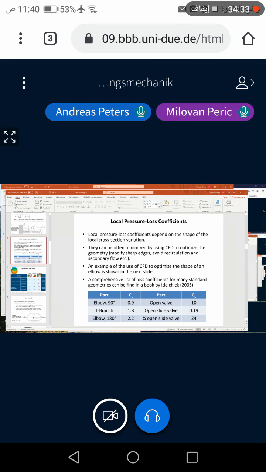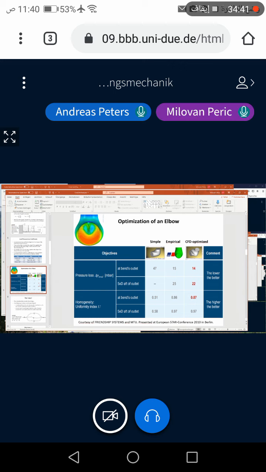Okay, thank you. And I would have one more question for the next slide. Optimization? Yeah, right. It seems like the cross-section separation in between the inlet and outlet gets larger. Is that a reason why this works here? What was the fluid going through there? Was it a gas or a liquid?